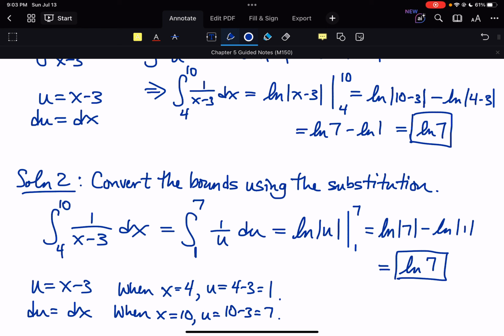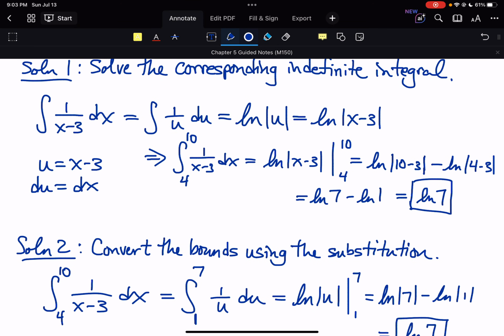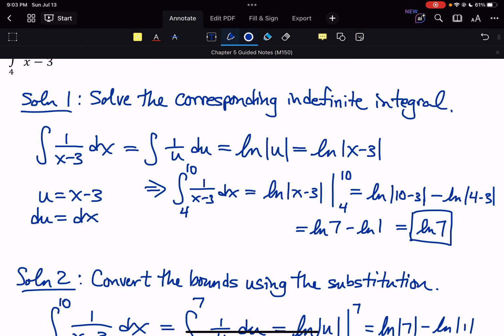Whichever method you like to use better is totally up to your personal preference. General kind of pros, cons for these. People generally like the first one because you don't have to worry about the bounds until the end.